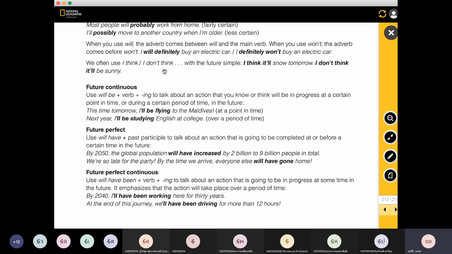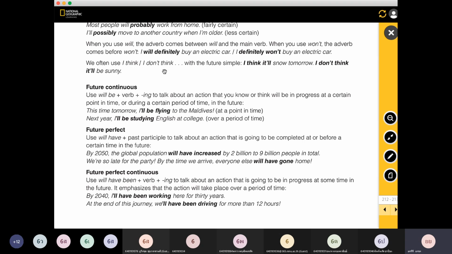Around this time next week, we will be doing the test. So you can use these ideas to tell a specific time or duration in the future, and we use the future continuous to express those ideas.